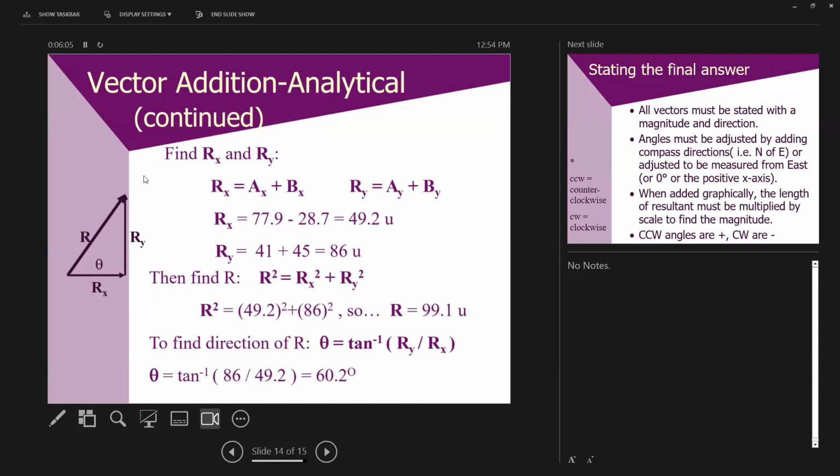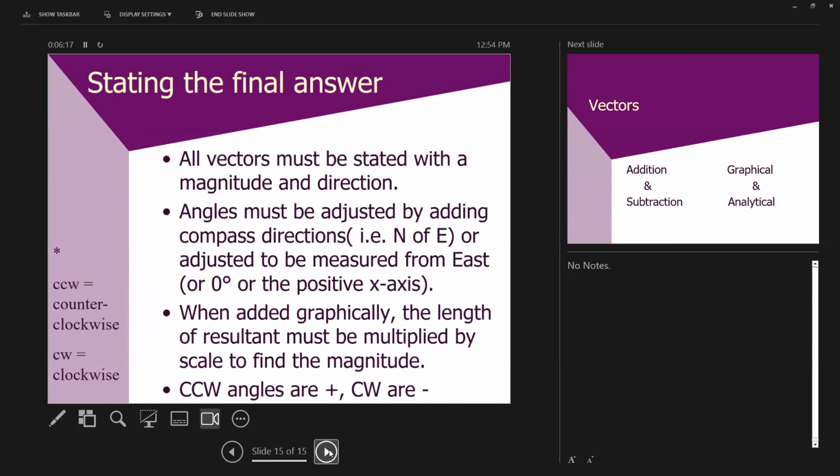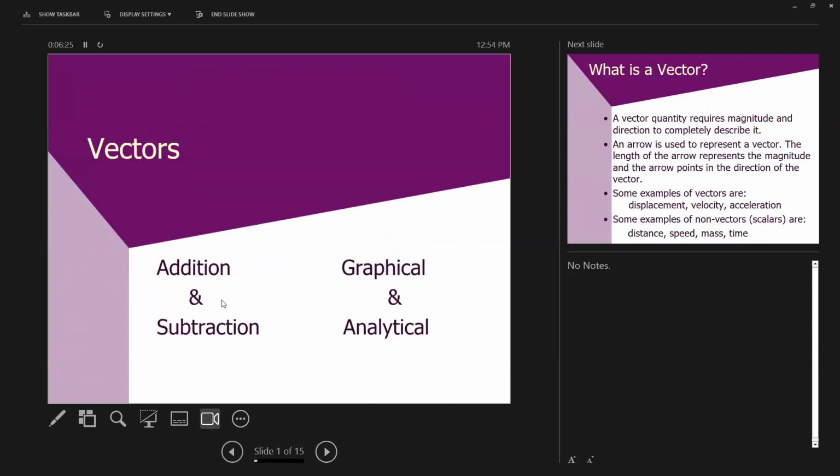And you can write that your resultant is 99 units in the direction east, so many degrees north. Don't worry about those abbreviations; we don't use those abbreviations.